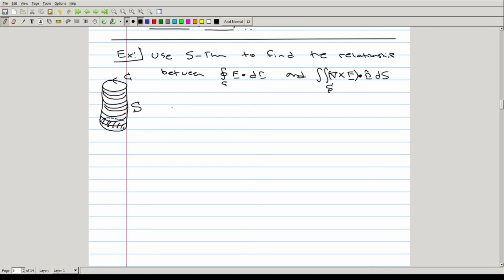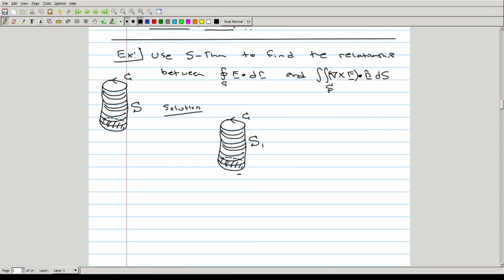So the solution is to do the following. We will split this surface up into two parts. We'll call the side S1.